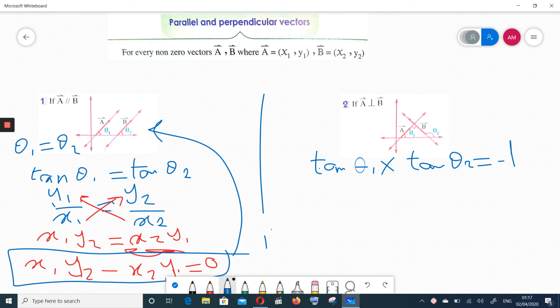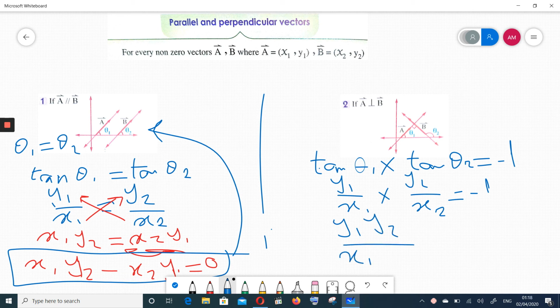Okay, tan theta 1 means y1 over x1, times y2 over x2, is going to be negative 1. Now y1 y2 over x1 x2 equals negative 1.